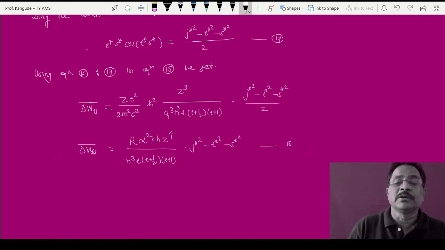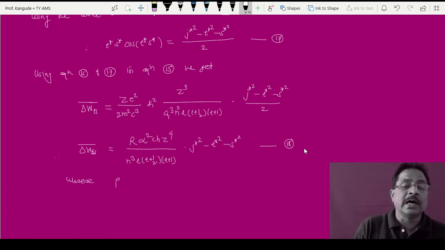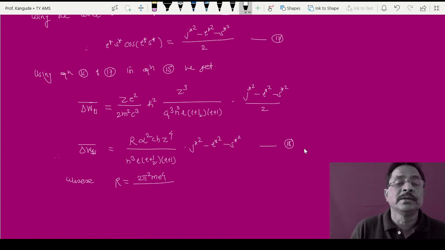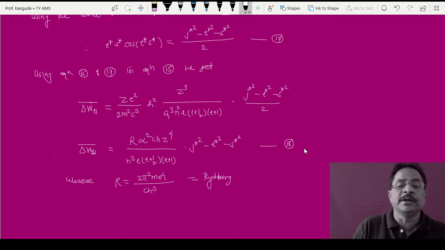Now this is equation number 18, where I have put the constant R equal to twice pi square m e raised to fourth divided by c h cube. Adjusting this, it is called the Rydberg constant, which we have seen earlier in chapter number 1.